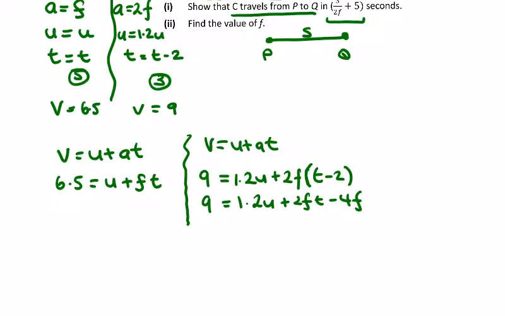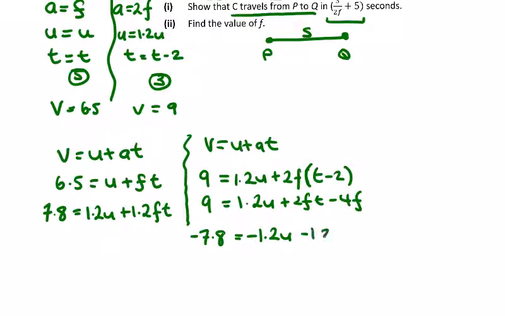So we could probably just multiply the first one by 1.2 to get rid of the U. So 6.5 by 1.2, 7.8 is equal to 1.2U plus 1.2FT. So if we make that negative, we get minus 7.8 is equal to minus 1.2U minus 1.2FT.